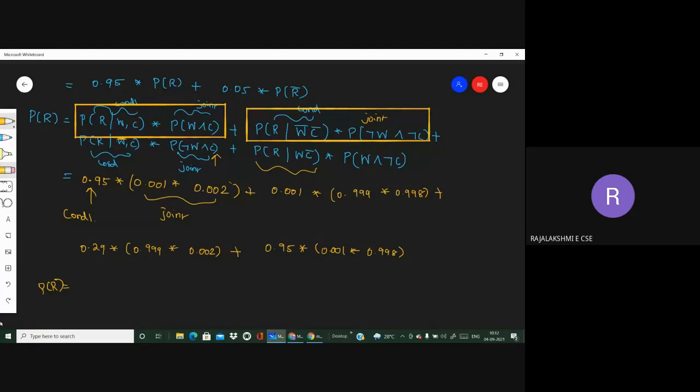What is the probability of getting rain? How many of you got the answer?